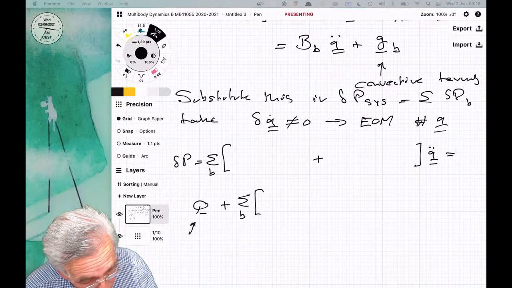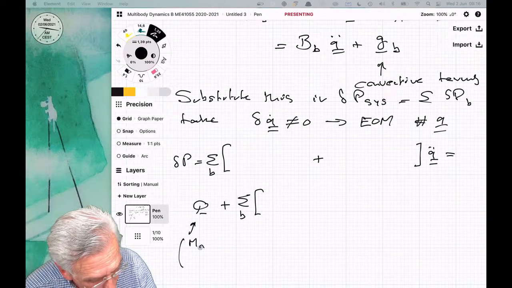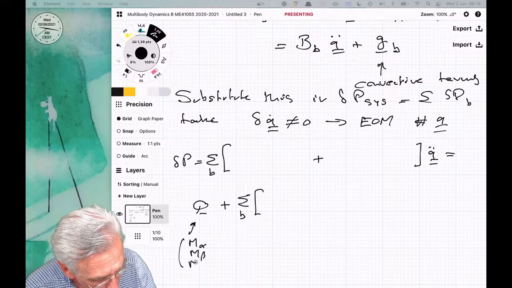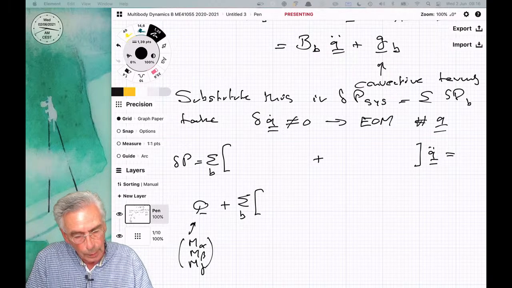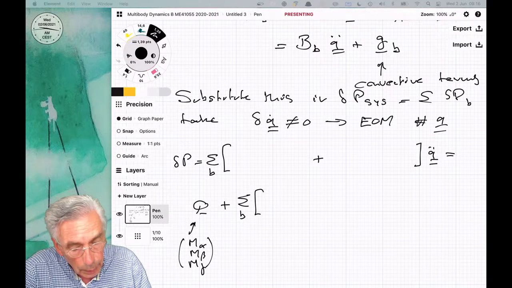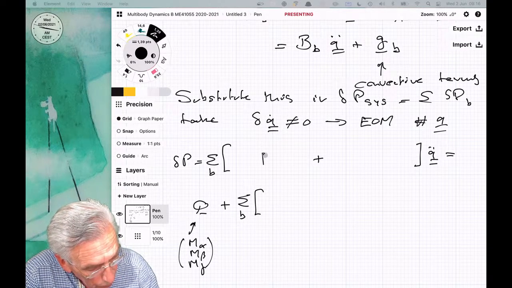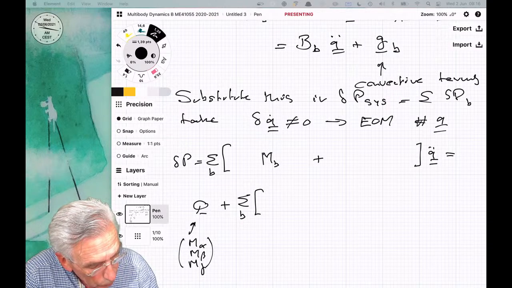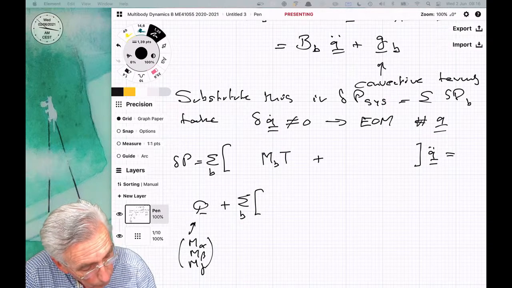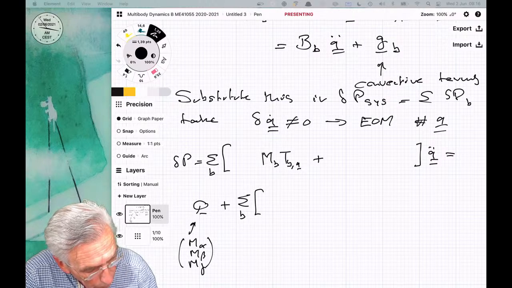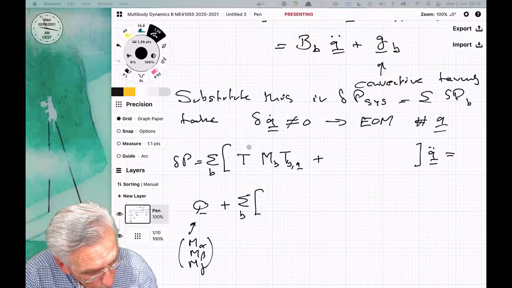And in our case, it's just m alpha, m beta, m gamma, right? Then the first part, the inertia. Well, remember from the TMT method, we have a mass matrix, and that's transformed by a transformation matrix, T transpose, T, and the Jacobian B, comma Q. That's the first part.